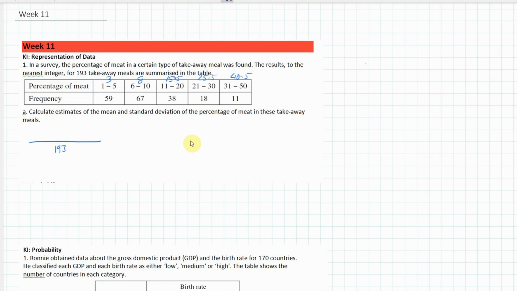And we're going to go 59 times 3 plus 67 times 8 plus 38 times 15.5 plus 18 times 25.5 plus 11 times 40.5. Now what does this actually give us?